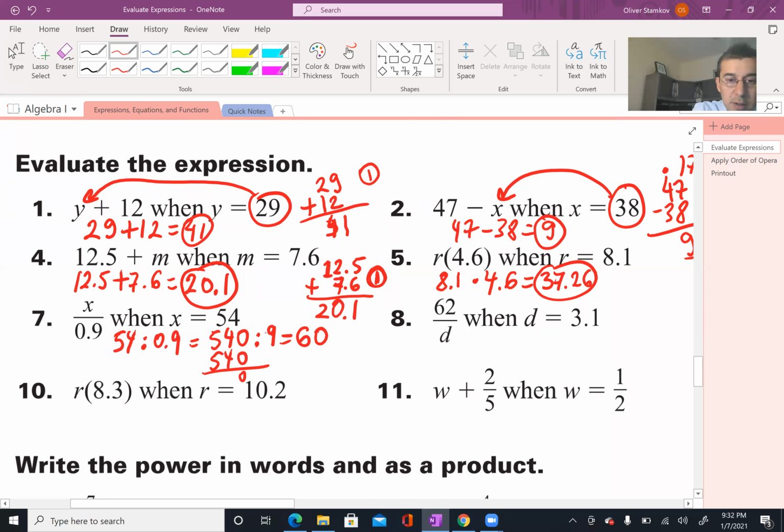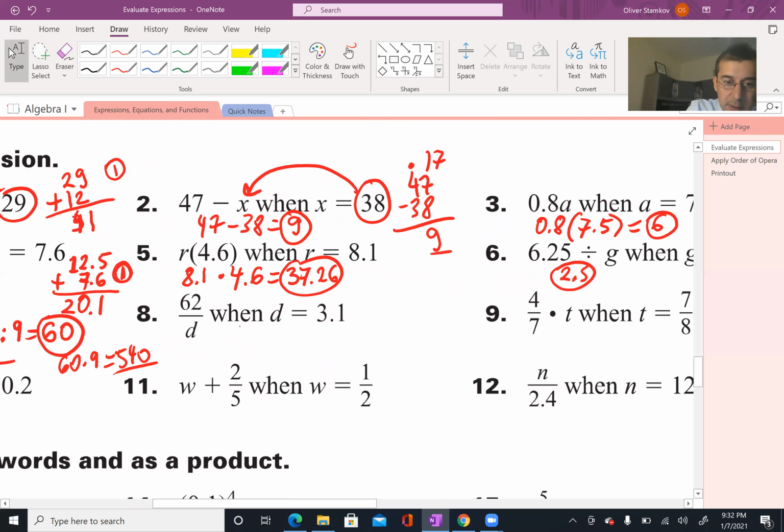So 60 is the solution for number 7. And if you're not sure, you can check: is 60 times 9 540? Yes, it is. 6 times 9 is 54, and then the 0. So yes, it is correct.